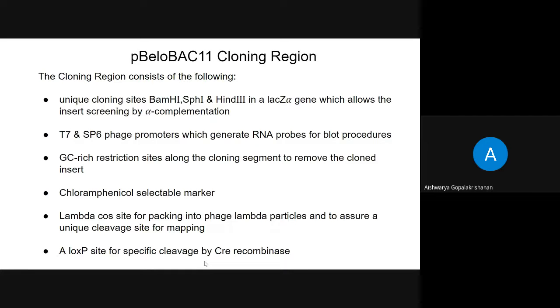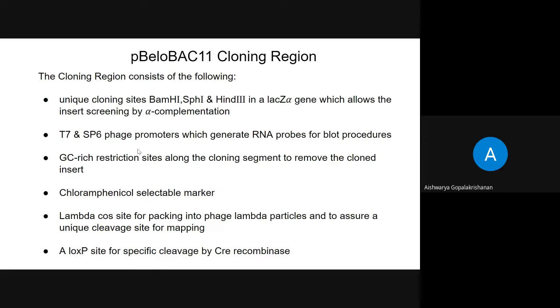Now I'm going to talk about certain features of the cloning region. It has unique cloning sites such as BamHI, SphI, and HindIII in a lacZ alpha gene, allowing for insert screening by alpha complementation. It has T7 and SP6 phage promoters reading into the cloning sites for generation of RNA probes for various blot procedures.